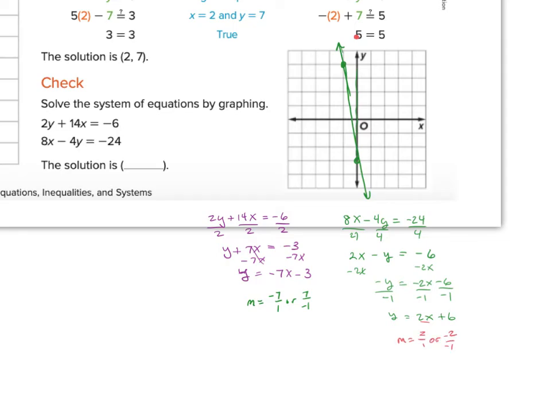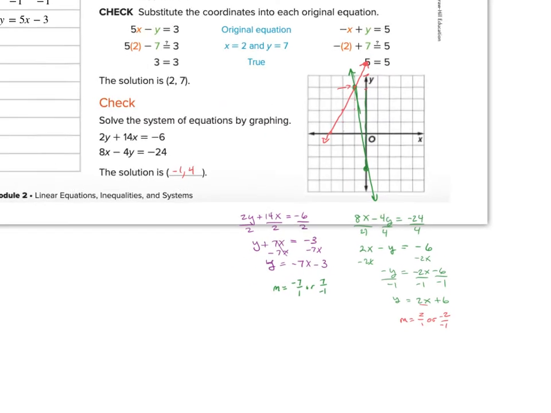So I will go down 1, 2, left 1, 1, 2, left 1, 1, 2, left 1. So that is my other equation. So the solution set to both of these happens to be right there, which is going to be the value of (-1, 4). And that is graphing that and determining the solution based on the graph.